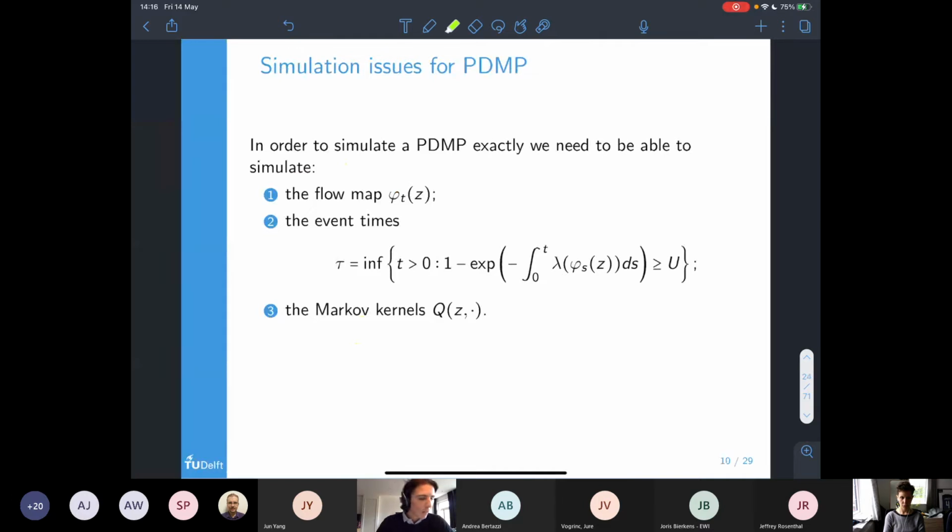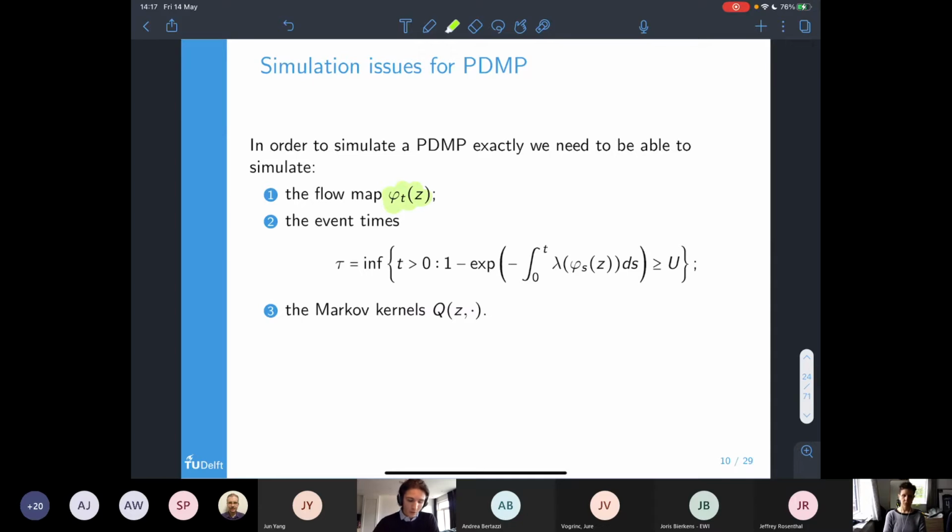All right, so I hope now we have at least a clear picture of what we would need to do. And importantly, there are at least 3 things we have to be able to do if we want to simulate a PDMP exactly. First of all, we have to compute the flow map. If we can't compute that, we don't know how to move deterministically.